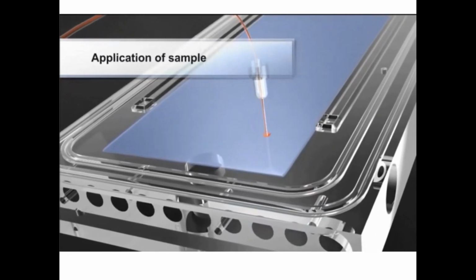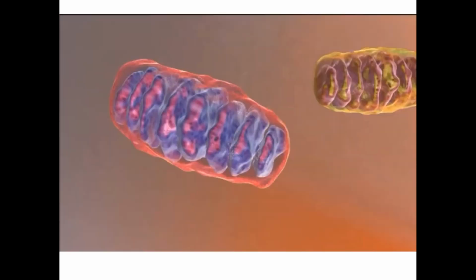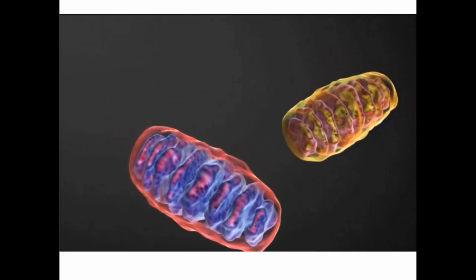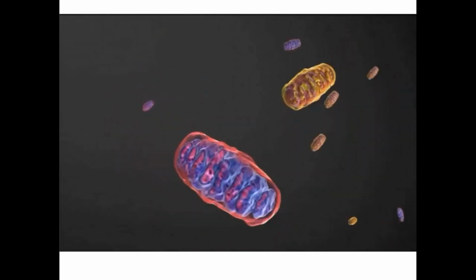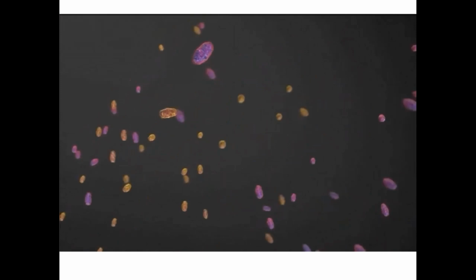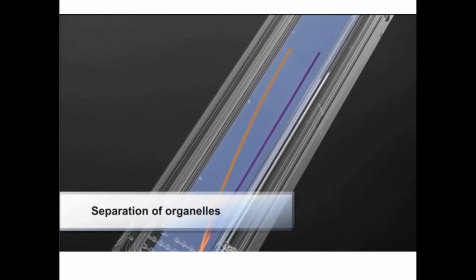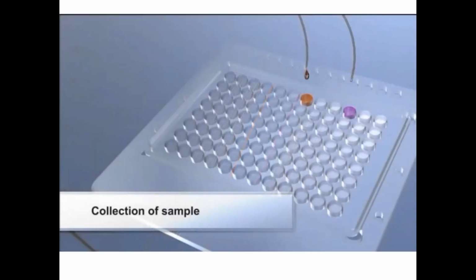Then the sample is applied again in liquid on one side, and it can be continuously loaded. And here we have organelles, for instance. These are mitochondria. And these mitochondria can be separated again, depending on how they are charged, how active they are. So you can separate organelles as well, as shown here, and you can collect them.